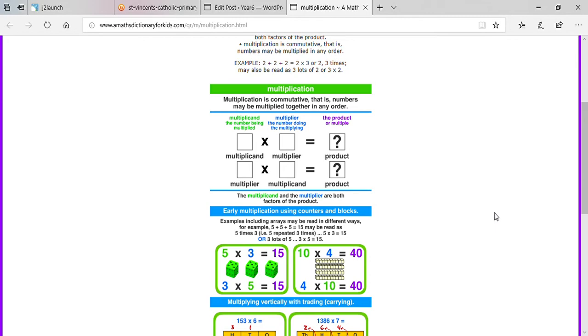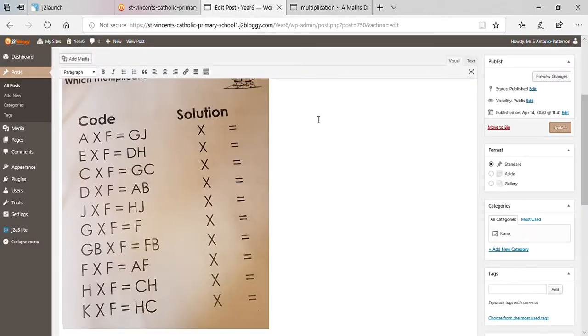On this occasion our multiplicand is f, and that's the number being multiplied. As you can see, it's in every single equation. So the multiplier changes, and when we multiply the multiplicand and the multiplier, or the multiplier and the multiplicand, we have a product.